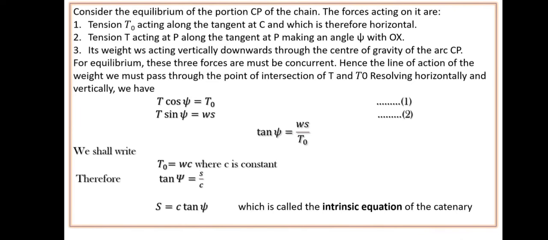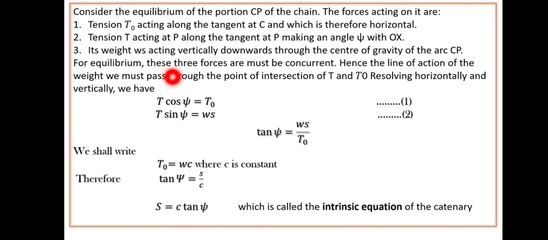Now consider the equilibrium of portion CP of the chain. The forces acting on it are tension T0 acting along the tangent at C, which is therefore horizontal; tension T acting at P along the tangent at P, making an angle xi with OX; and its weight WS acting vertically downwards through the center of gravity of the arc CP.